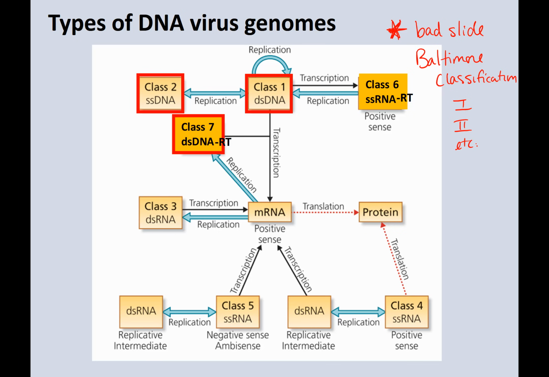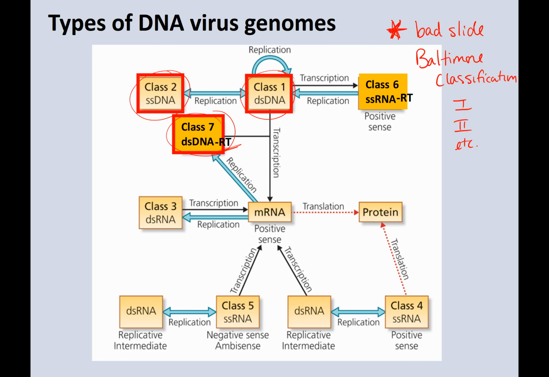Okay, and now I understand why some of you write them as regular numbers, because I have a crappy slide in here. So we're going to have class I, double-stranded DNA; class II, viruses with a single-stranded DNA genome; and class VII, viruses with a double-stranded DNA genome that use reverse transcription.